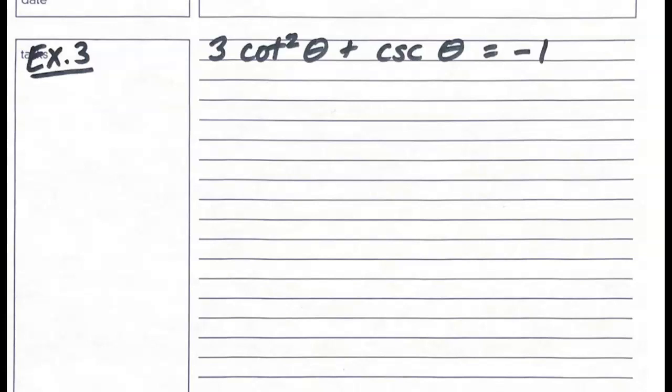So the first step we did last time is you notice that you have a cotangent and a cosecant. You can't have two different trig functions in the same equation. So you have to find a way to either make cotangent squared something cosecant, or find a way to make cosecant something cotangent. So I'm turning back over to my other side of my unit circle with the trig identities, where we use the reciprocal identities and the Pythagorean identities.